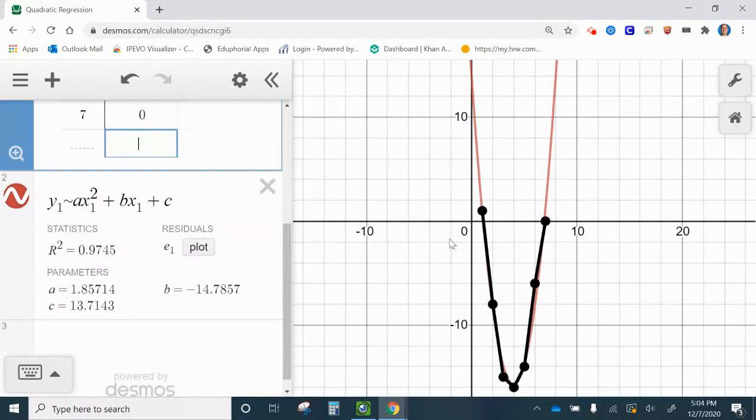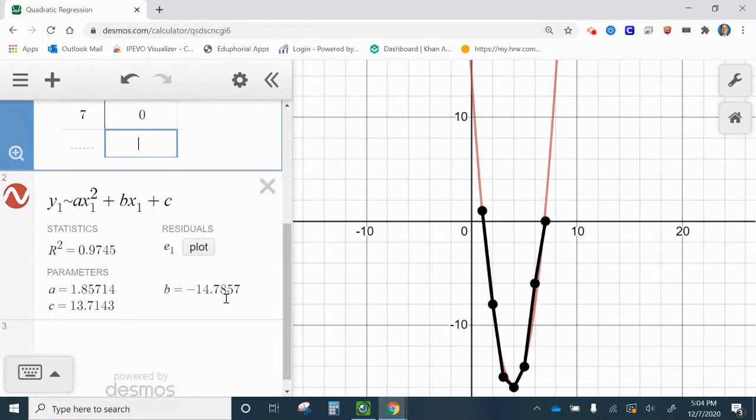So we see the negative 14.8. So A equals 1.86. Oh, wait a second. Be careful. It said to the nearest tenth. So the 6 actually rounds the 8 up to a 9. So that's negative 1.9. Okay.